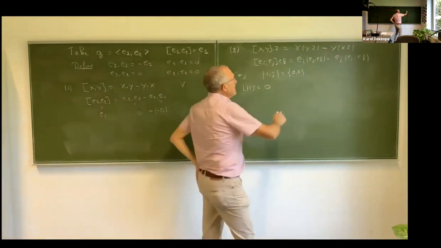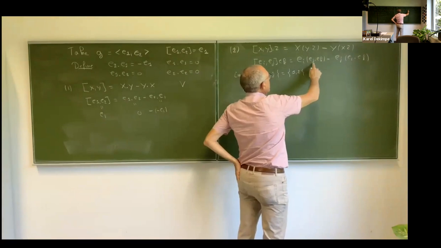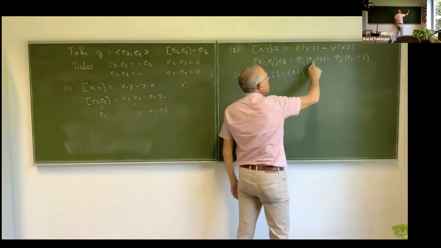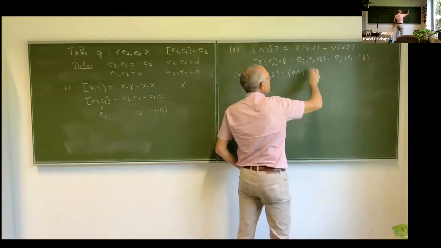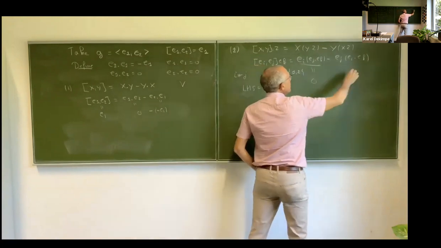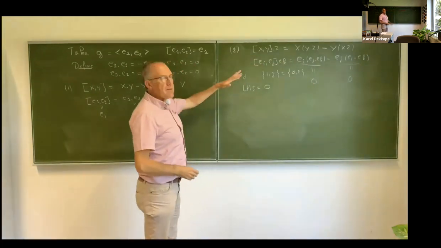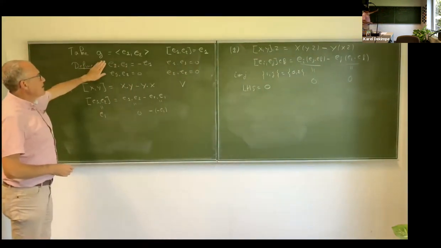Now, the right-hand side: one of those two is 1, but E1 times something is 0. So certainly, if this one is 1, then this term is 0. If this one is 1, then certainly this term is 0. So this term is 0, and for the same reason, this term is also 0. So I get trivially that 0 equals 0.